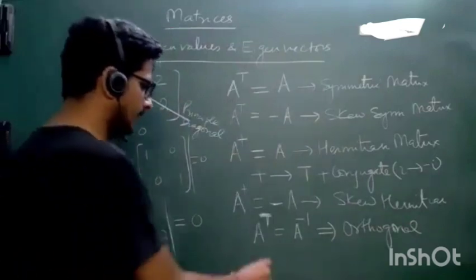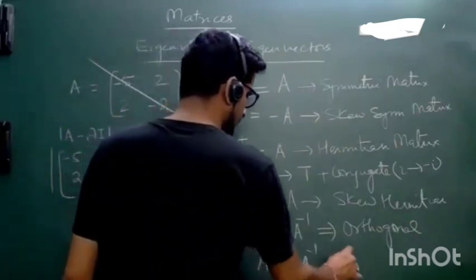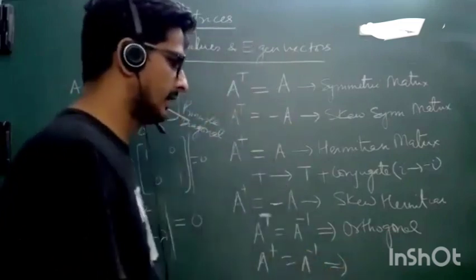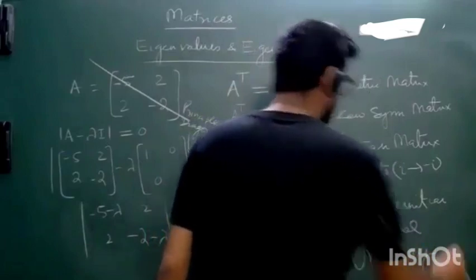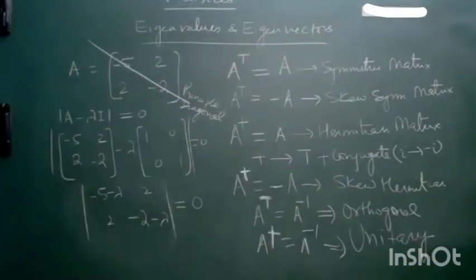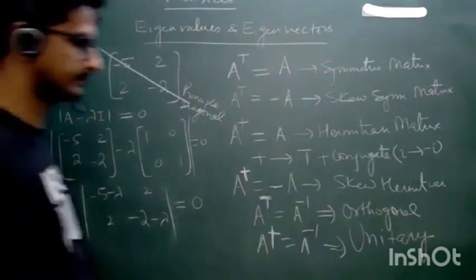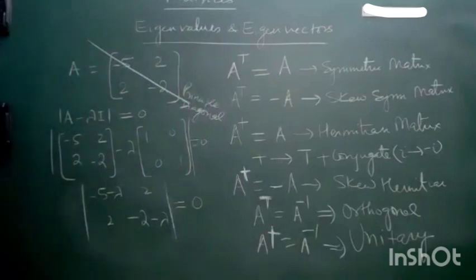And if A dagger becomes equal to A inverse, the matrix is known as unitary. So all important matrices are here on this board. Please see this, and tell me, everything is clear? Yes, sir.